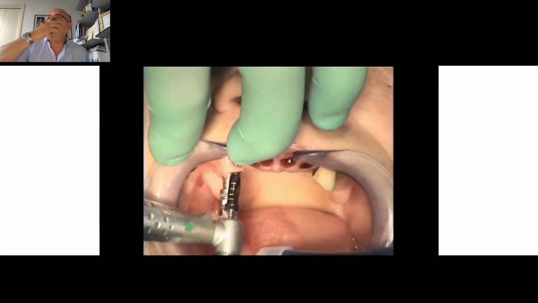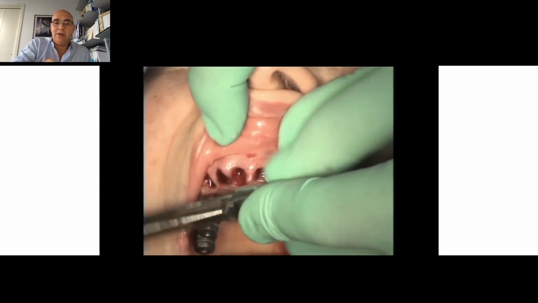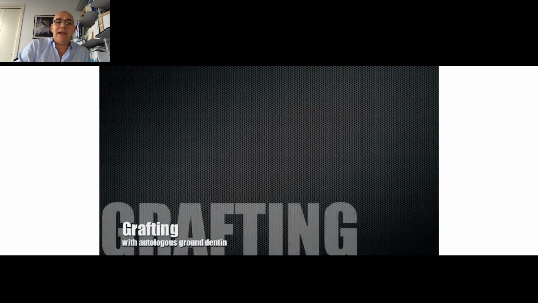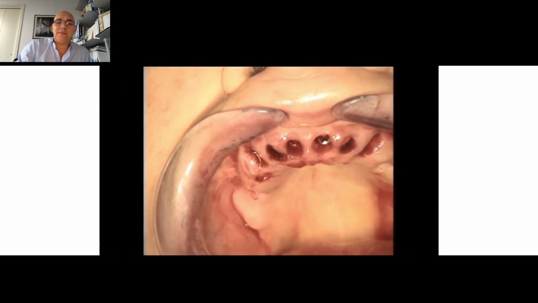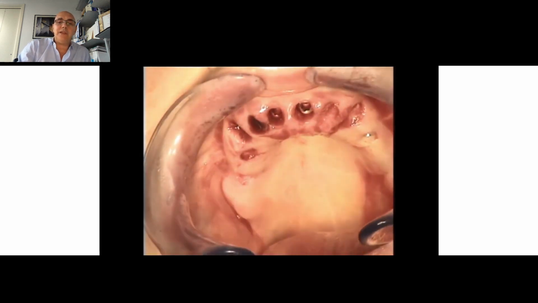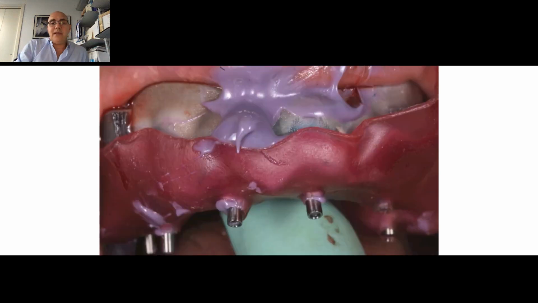So with the stent that we used to actually assess the case, we know exactly the position of the implants. We do everything flapless, and now it's time to graft the sockets. See, the implants are already in place, and we're going to graft the edentulous sites and wherever is necessary near or around our implants. So now we are ready to take the impression.